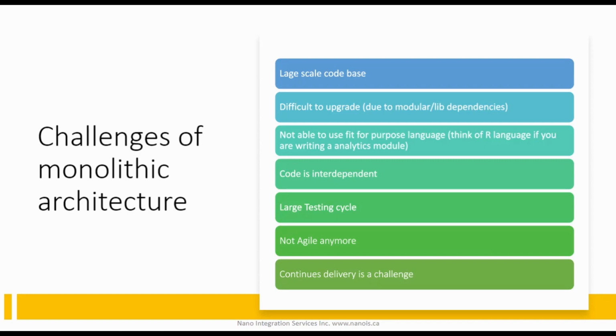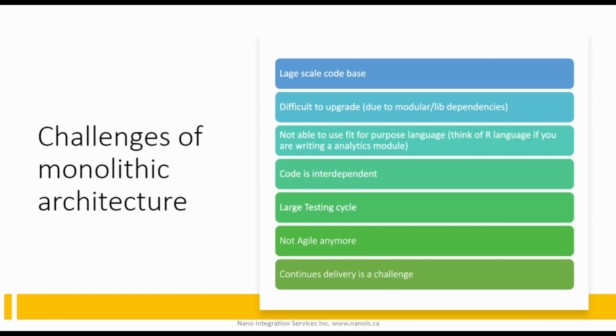For example, let's take an example of a government application where the government treats all the citizens, and they need to bring in some analytics into the application. To do that, the R language is maybe the best fit for purpose programming language.